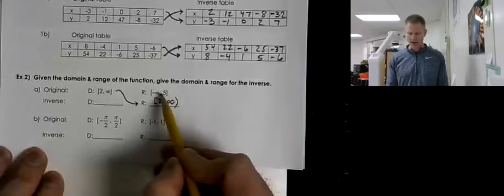So if your domain, which are X values, is going to become the new Y values, then the domain is going to become the range. And if your Y values are going to become the new X values, then your range is going to become the domain.